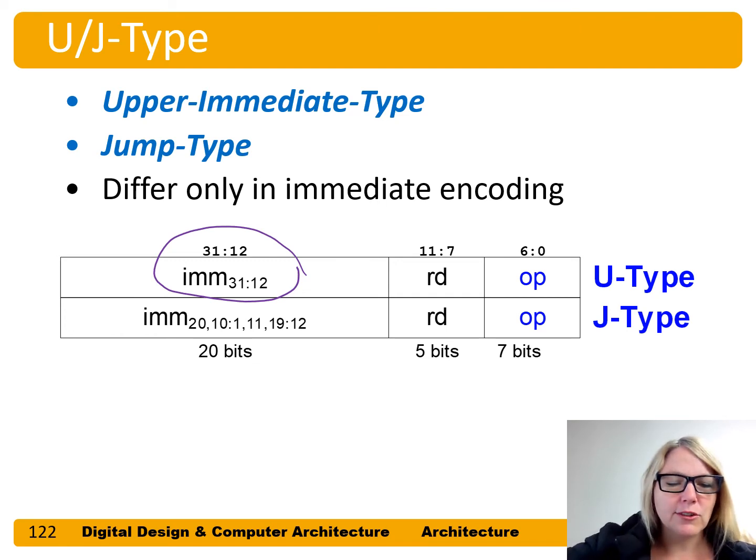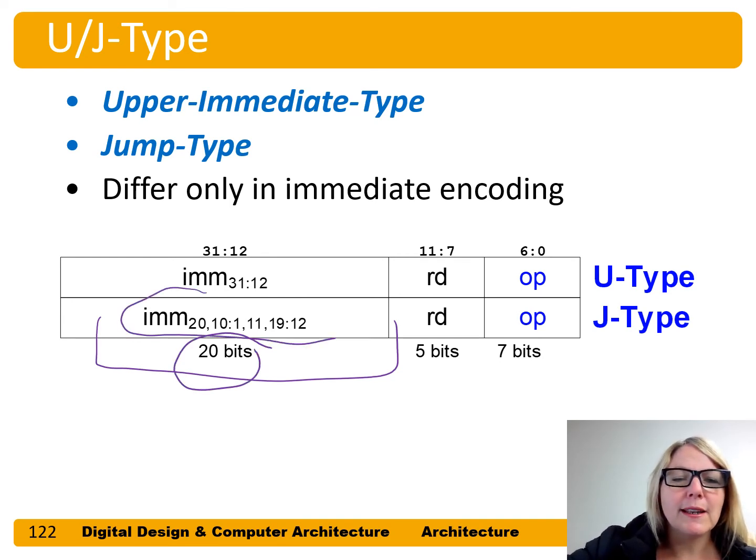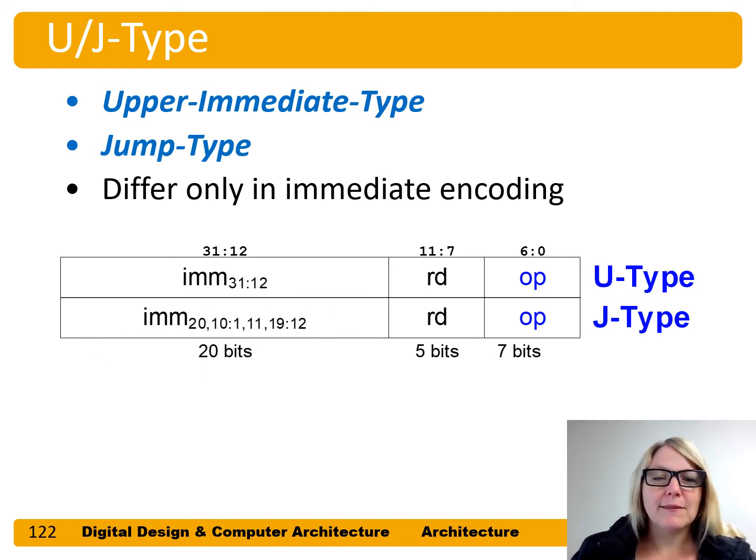In the J type instruction, we're going to encode a 21-bit immediate in a 20-bit immediate field. So we use 20 bits to encode a 21-bit immediate, and again, we do some strange bit swizzling of that 21-bit immediate. And how do we encode a 21-bit immediate in a 20-bit field? Again, we don't encode bit 0 of that immediate.